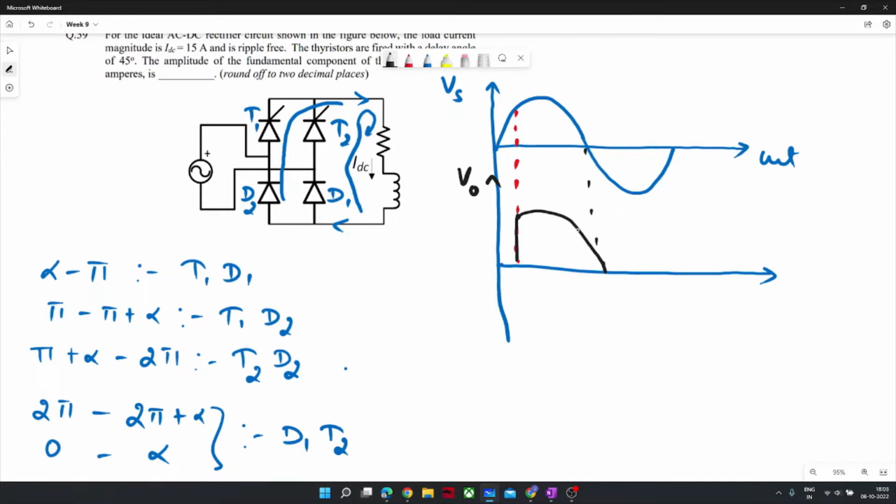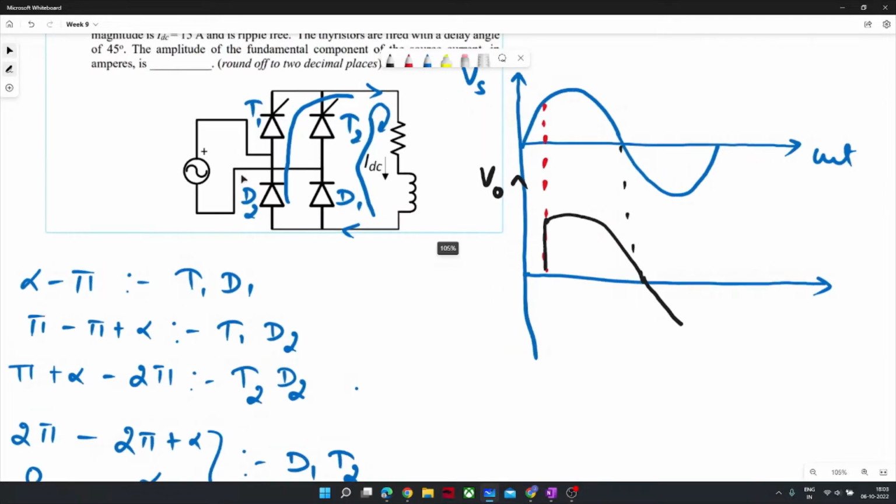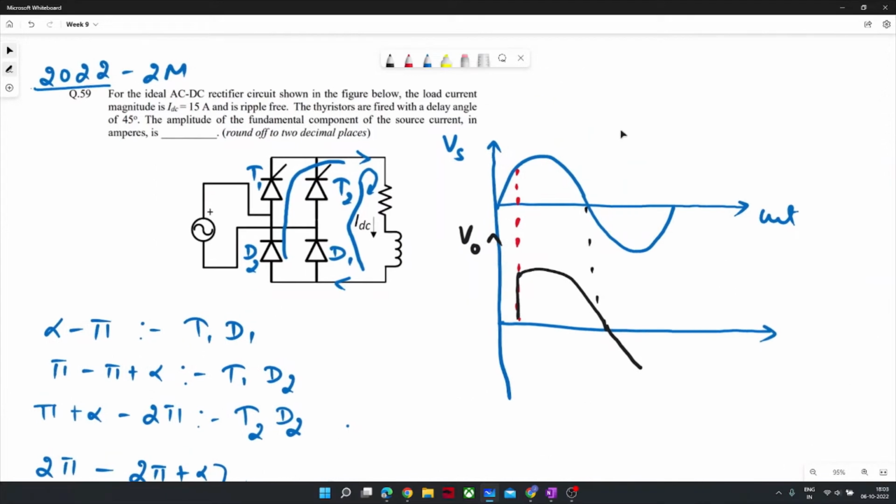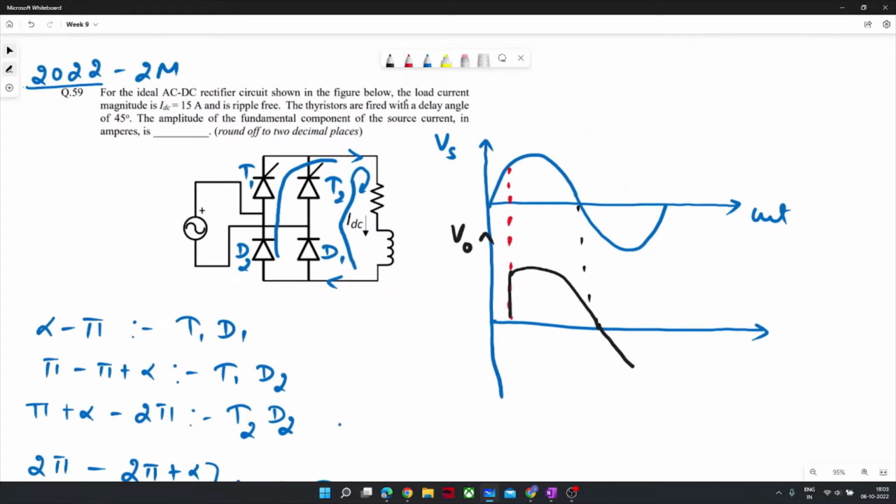Had it been a full bridge controlled rectifier, or had all the devices been thyristors, this could have gone to the negative axis to satisfy the criteria. What is the criteria here? The load current is constant, or ripple free, that is 15 ampere and ripple free. It means that current is continuous, and to maintain that current, the devices would conduct continuously.